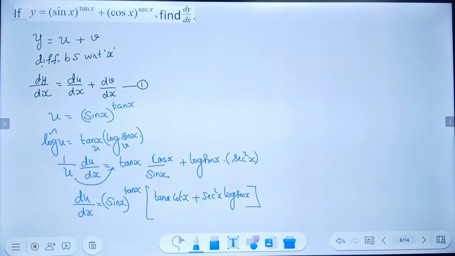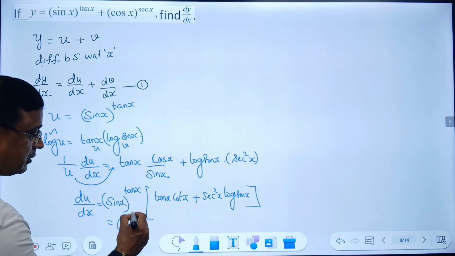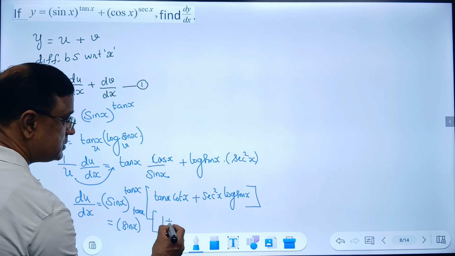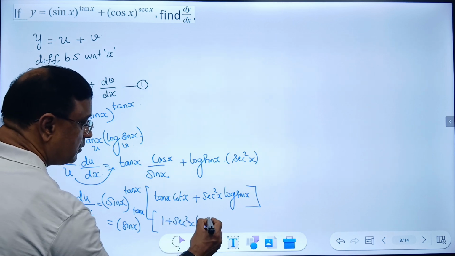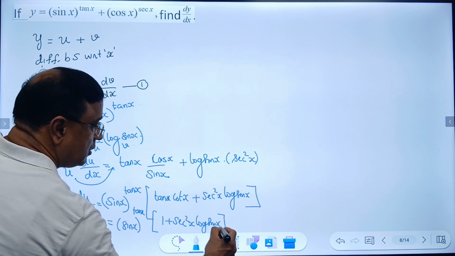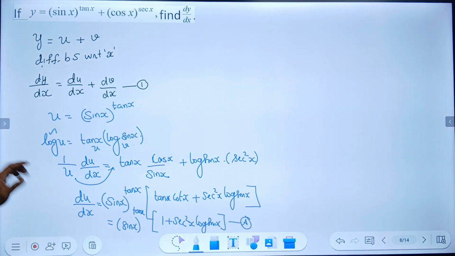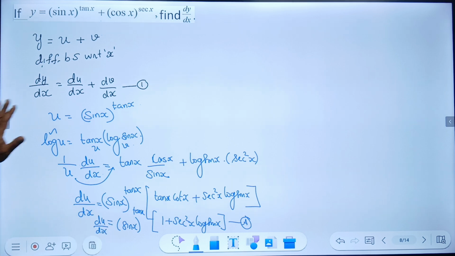If you want, you can simplify this as sin x the whole power tan x into 1 plus secant square x into log sin x. Call this as a. Now I am going to take this and substitute there. So I am done with u.